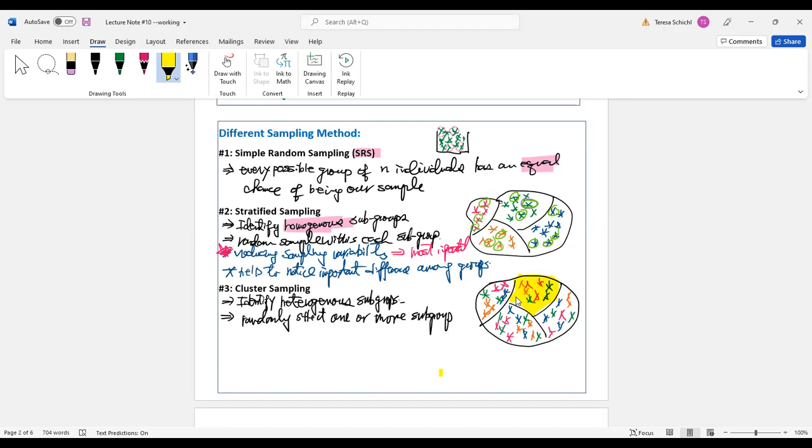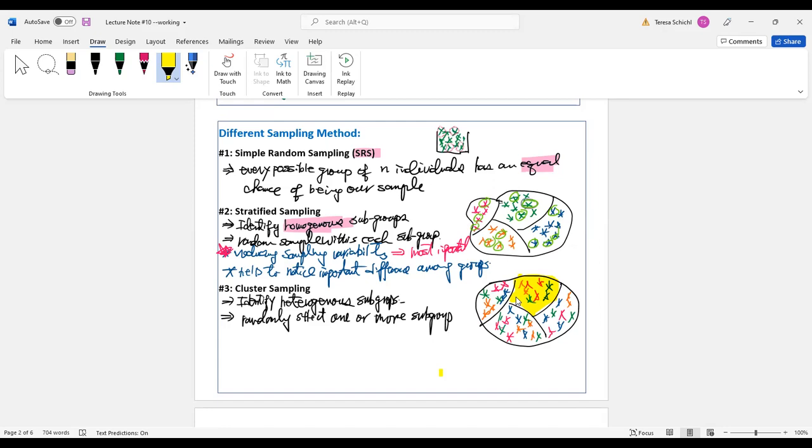So for example, like the university example here, you say, okay, I want to take a cluster sample. Maybe instead of identifying who is a freshman, sophomore, or junior, you take a sample from dorms. You choose this dorm and this dorm, because you assume that from dorm to dorm, freshmen live there, sophomores live there, juniors live there, seniors live there.